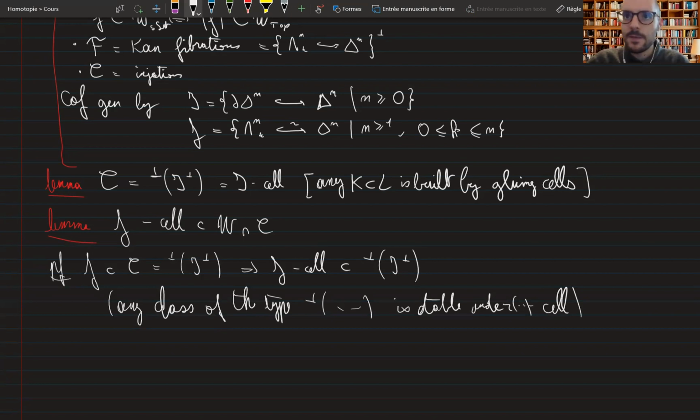If you have something which has the left lifting property with some class of maps, then any class of maps built by using pushouts will still have the left lifting property, because to define the lifting, you have to define it using just the universal property of pushout, right? And for infinite colimits, you also use the universal property of colimit. All right. So is this okay for everyone? It's an argument we have used several times already.